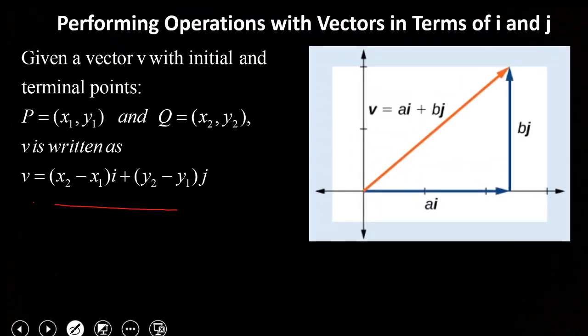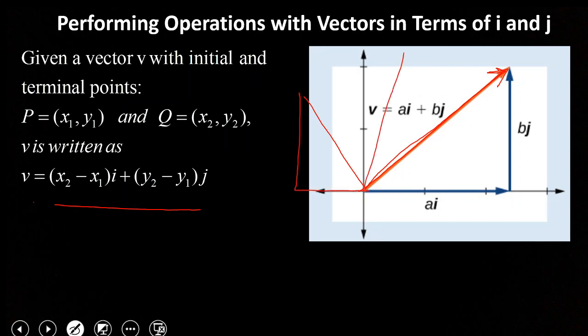So basically every vector can be broken down into those. Think of it this way: you want to go diagonally, but you can't. You have to go either horizontally or vertically. So this way we can get anywhere by going horizontally and then vertically.